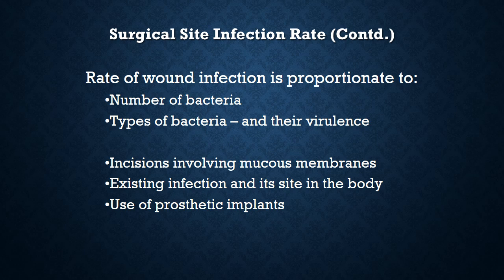And then, in the use of prosthetic implants, an infection in the body anywhere can cause bacteremia, and these bacteria can reach, through the blood stream, the prosthetic implants that you might be using, and they can lodge there and cause distant infection around the prosthetic implant, which may necessitate its removal. So all of these things need to be considered when you are trying to prevent surgical site infections or infections per se.